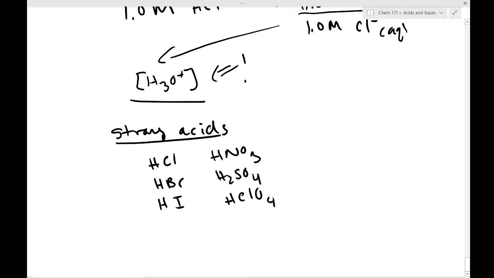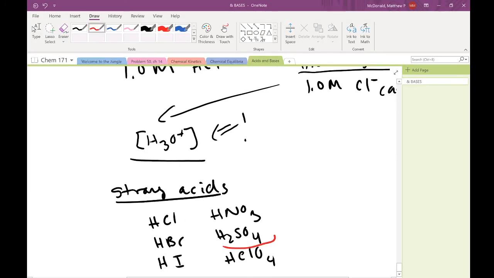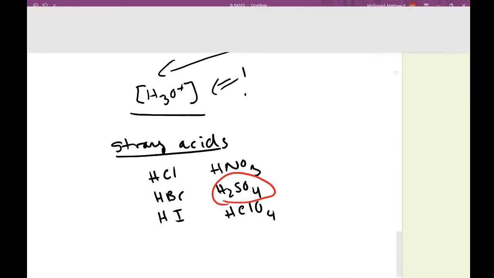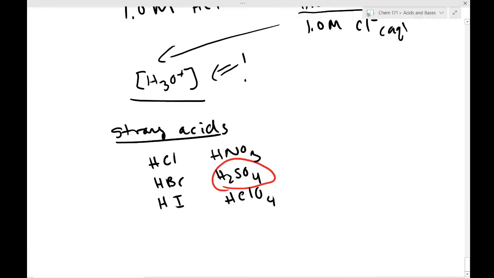All of these are listed in some table. I don't know exactly what the table is in the chapter, you're going to have to look, but the strong acids are listed in some table. With the exception of H2SO4, all of these are monoprotic. With H2SO4, only the first hydrogen is strong.